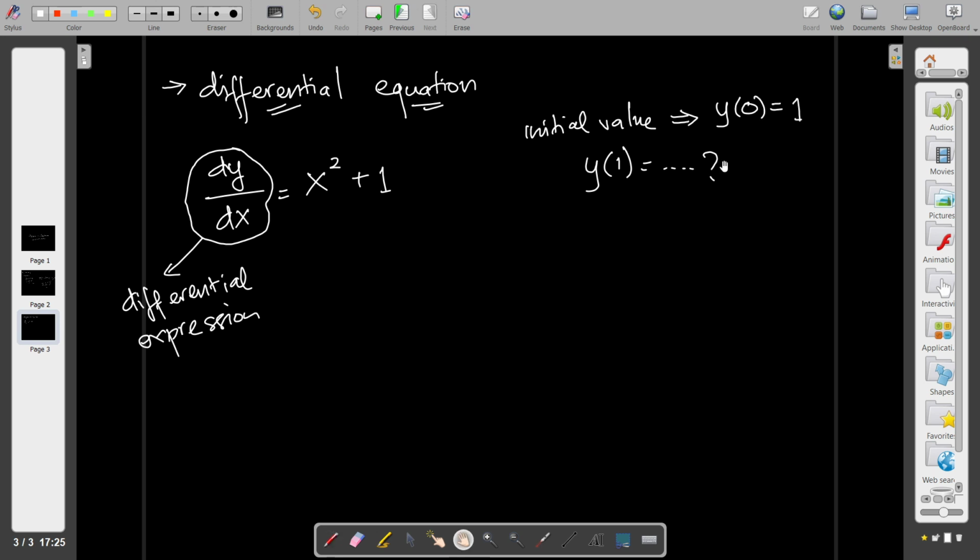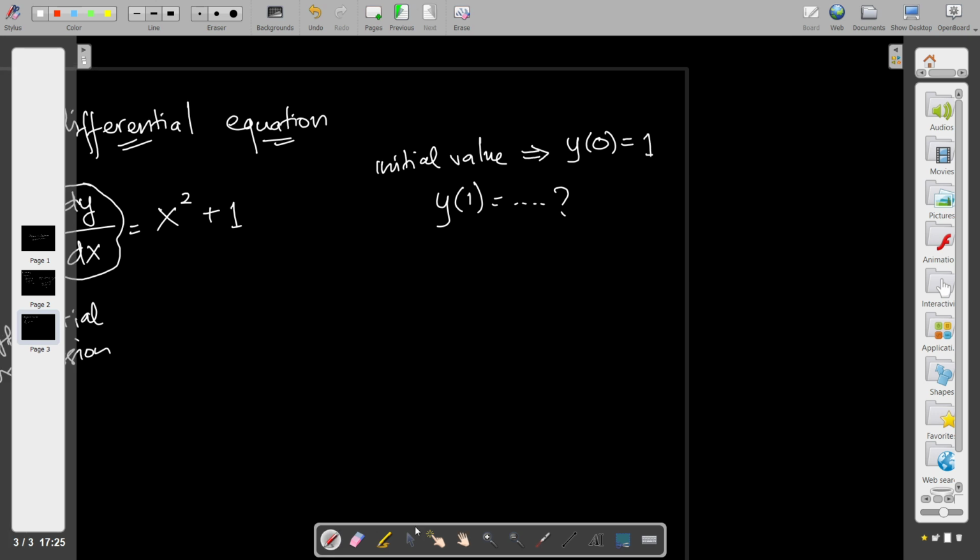So it means that when the value of x equals 0, then the value of y is equal to 1. And we're going to find this value.